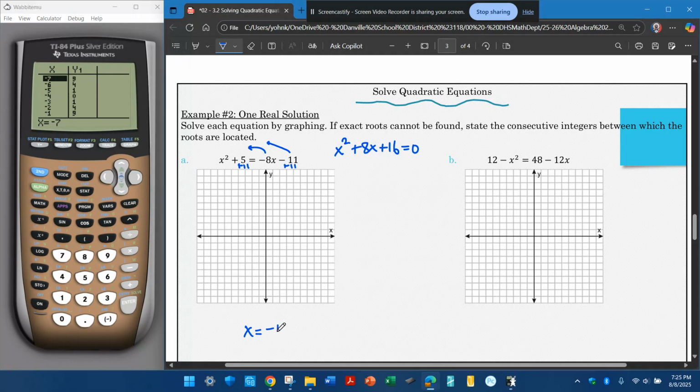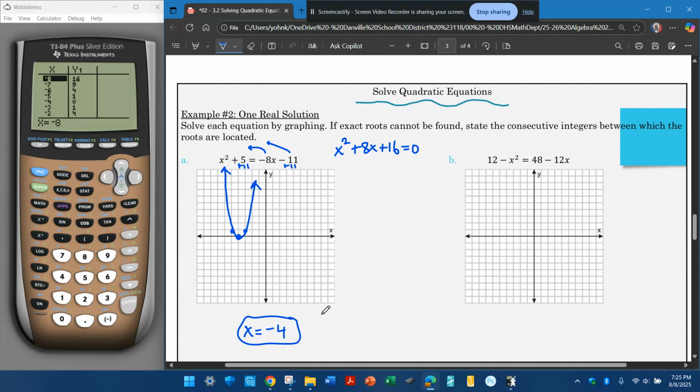So it's at negative 4, 1, 2, 3, 4. Now I need 2 more points to graph it, so I'm just going to use the points that are on my table right now. So negative 5 comma 1 and negative 3 comma 1. There's my picture. It's crossing one time at x equals negative 4.